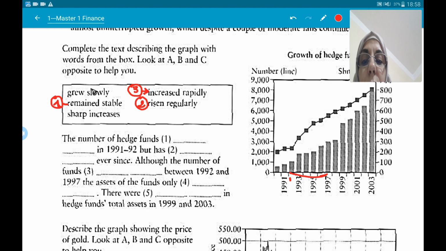There is a slow growth. So it is number 4. There were in hedge funds total assets in 1999 and 2003, there were sharp increases. Number 5.